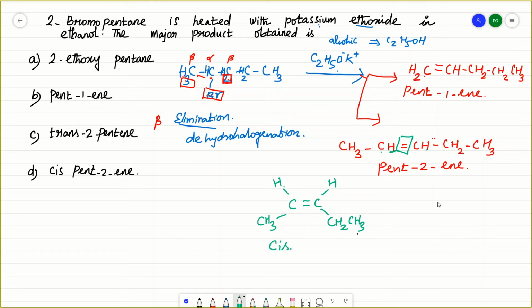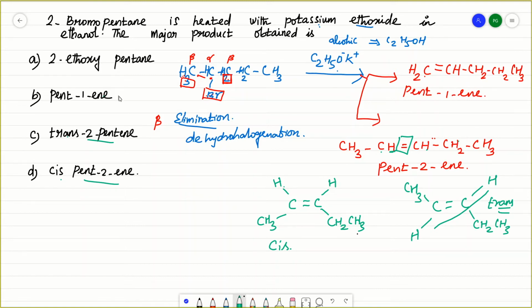Then what is trans? If they are on opposite sides, H, H, here you have CH3 and here you have CH2CH3. This is trans. So you are getting trans 2-pentene and also cis 2-pentene.